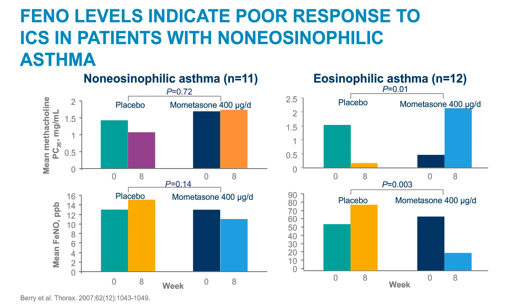Likewise, on the FeNO, you can see again here, if they're treated with placebo, these patients' FeNOs increase, meaning their inflammation is getting worse. However, if you're treating them with an inhaled steroid, you can see that their FeNO improves because now they're receiving that appropriate anti-inflammatory therapy they need to treat their disease.